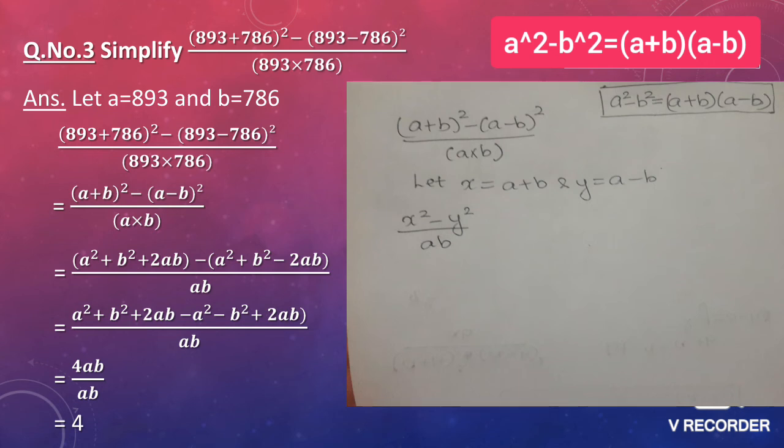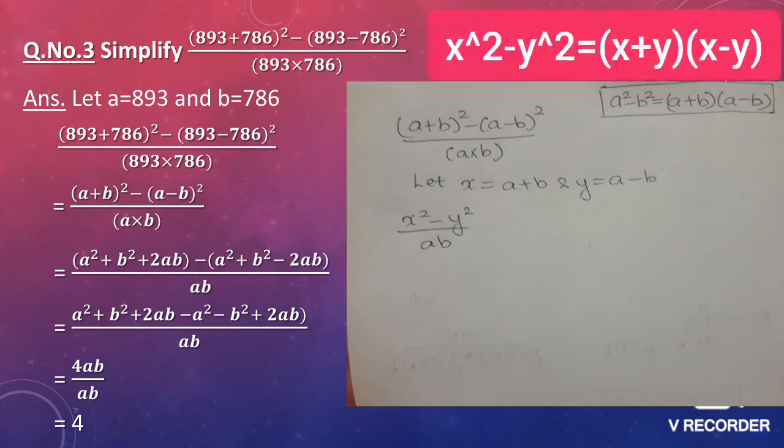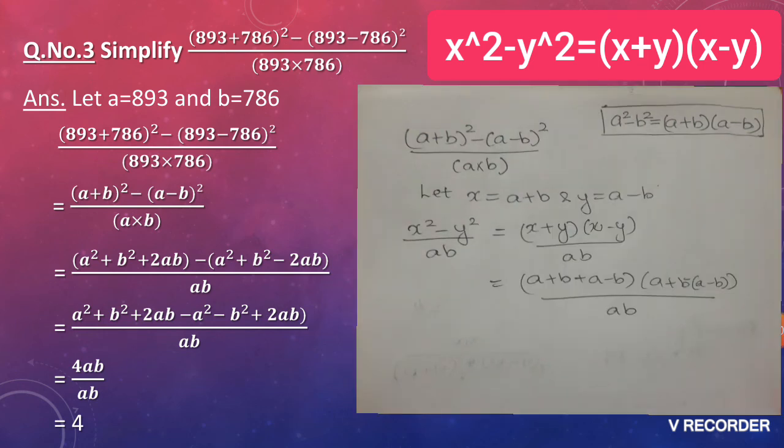So when we replace, what we'll get? x square minus y square divided by ab. So it is like the formula x square minus y square equals x plus y into x minus y. So let me write it as x plus y into x minus y divided by ab.